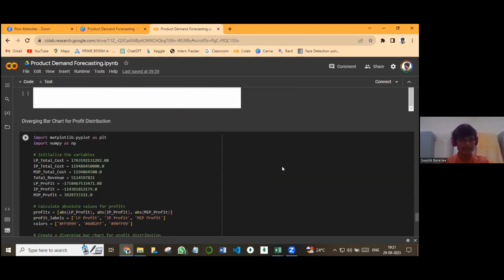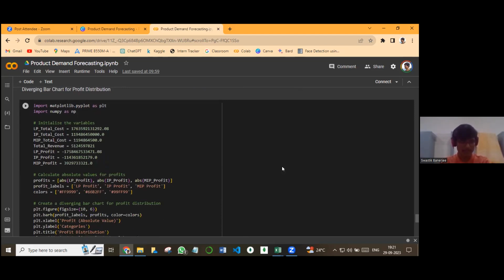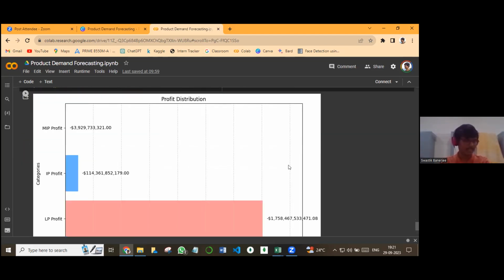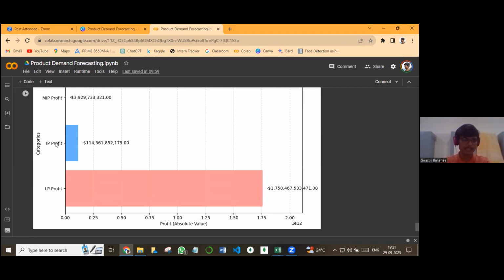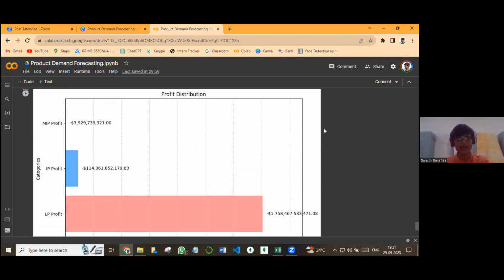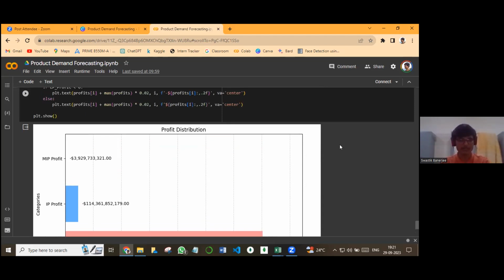And the diverging bar chart for profit distribution is a different visualization technique to see the profit distribution. LP is maximum, IP is middle, MIP is very less, almost not in consideration, because it only has the positive profit, and both of the others don't have it.